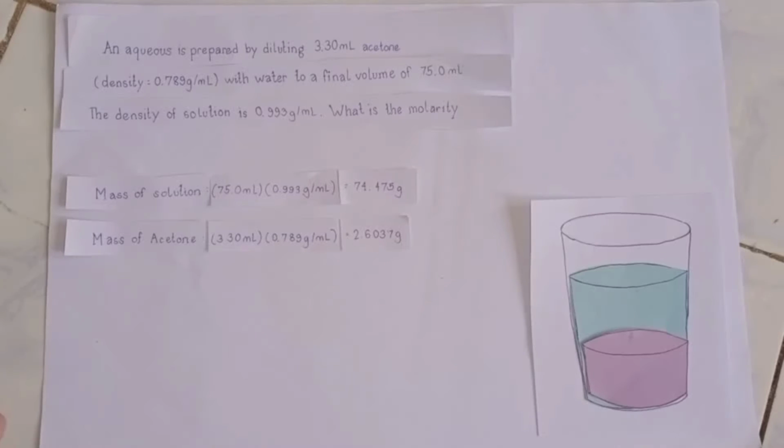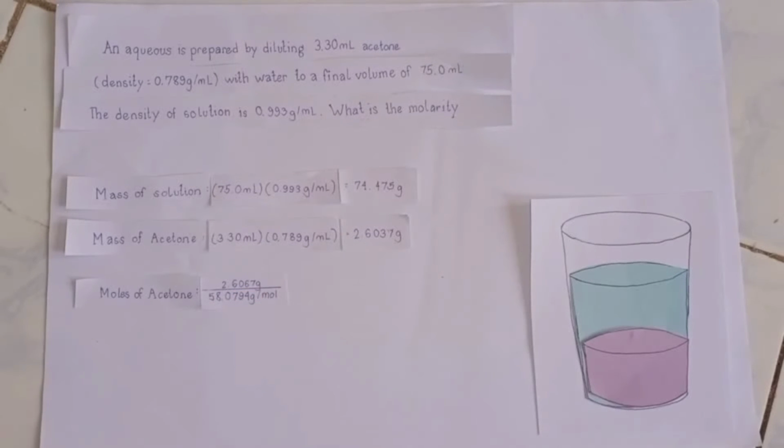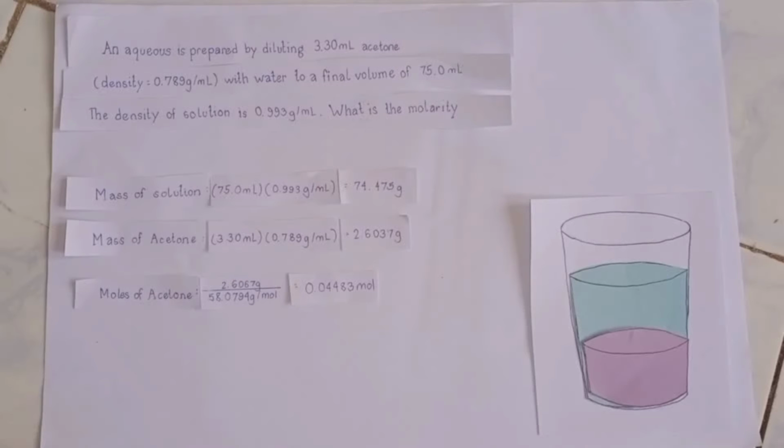To get molarity, we need our acetone to be in the unit mol. So our moles of acetone is 2.637 divided by 58.0794 grams, which is the molecular weight of acetone, and you get 0.04483.